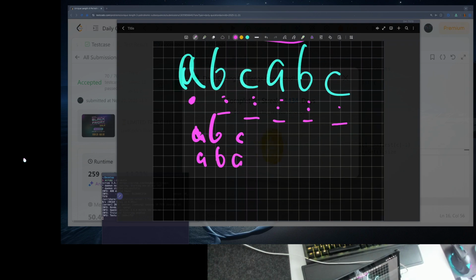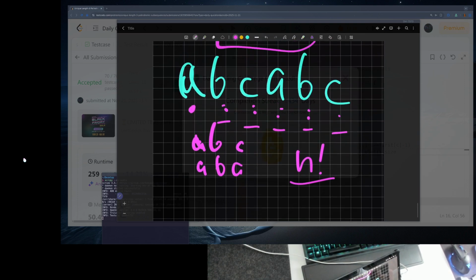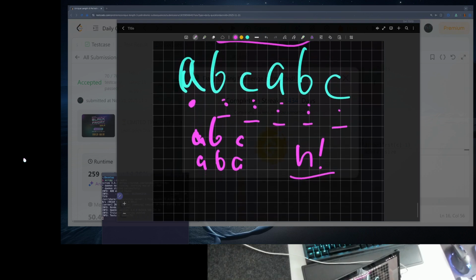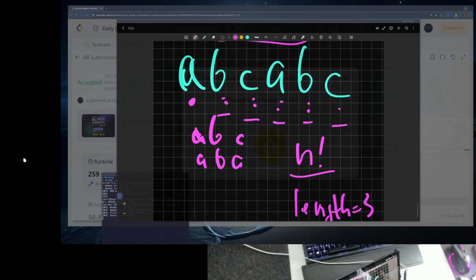So there are n factorial subsequences possible. But we have only length of 3. That means we can simplify the solution if we think about this problem from a different angle.